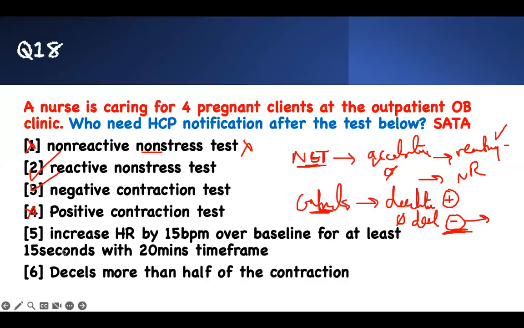And these are definitions. Acceleration is an increase in heart rate by 15 beats per minute over the baseline for at least 15 seconds within a 20 minute time frame.